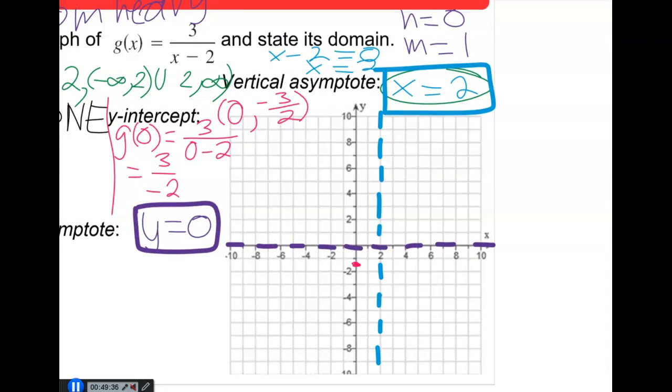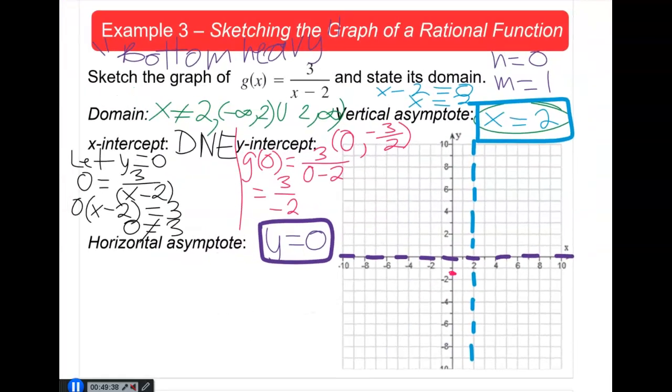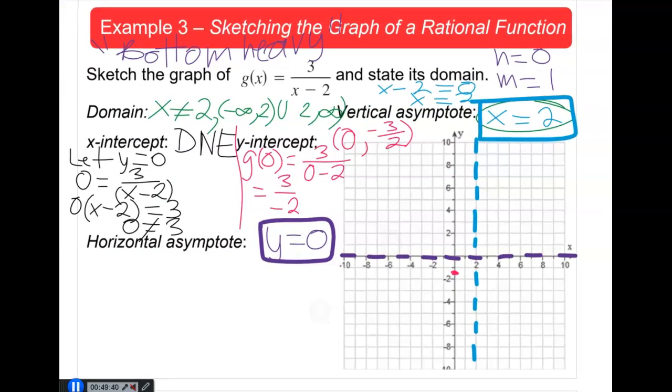And so now what we want to know is what's happening with the graph. And so we could choose another point. For example, we can make x equal to 1.